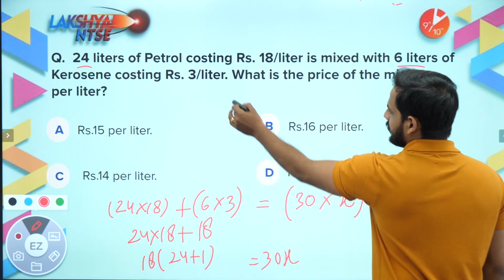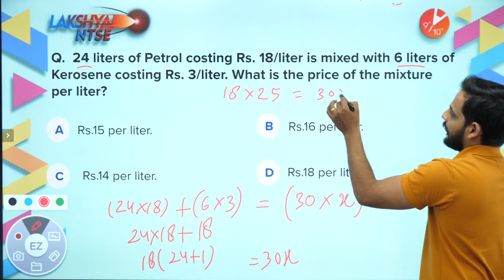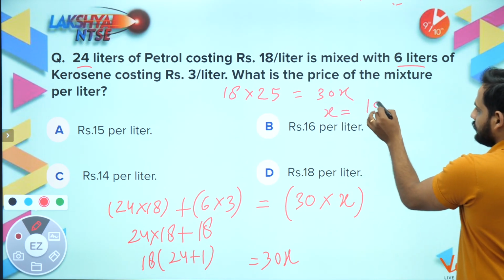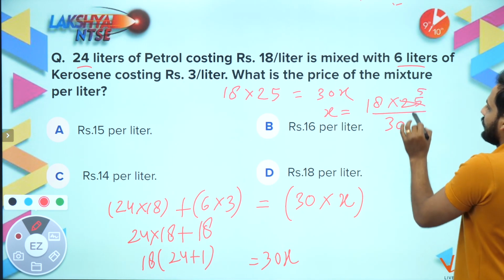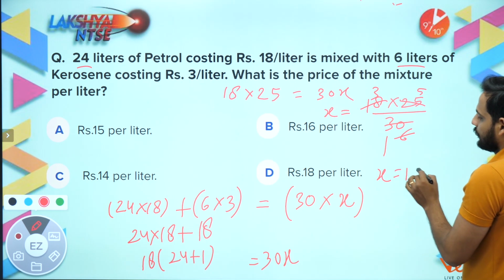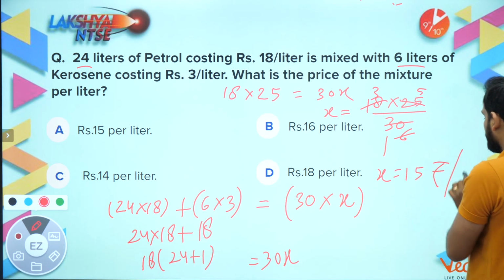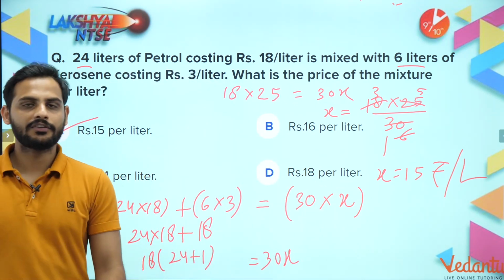So 18 into 25 is equal to 30x. So x will be 18 into 25 by 30. 5 5s are 25, 5 6s are 30, 6 3s are 18. So x is equal to 15 rupees per liter. Where is 15? Here. Correct? So this is how this kind of question can be solved.